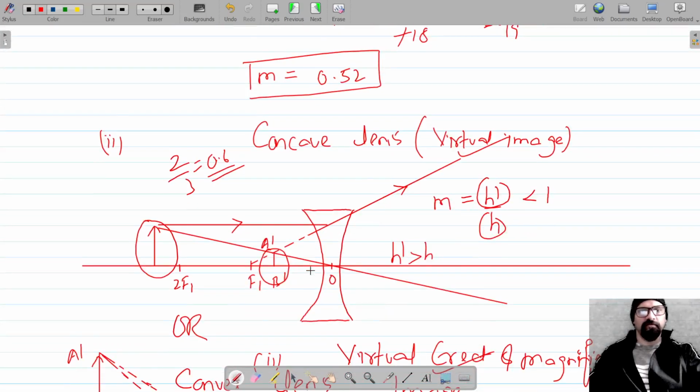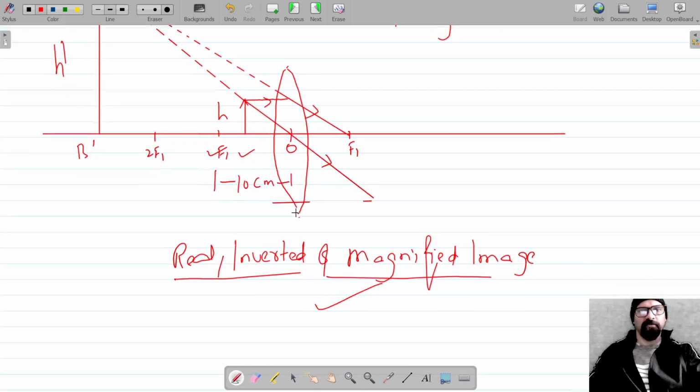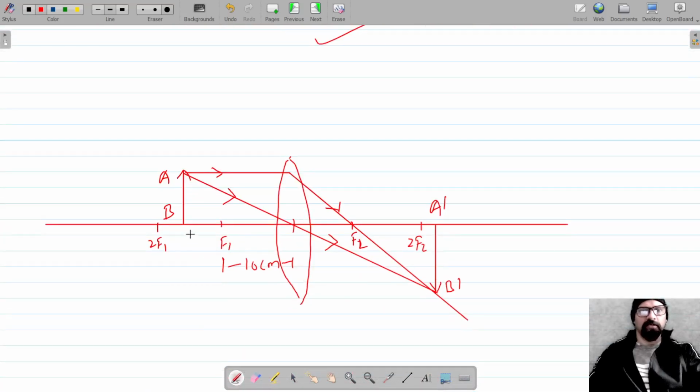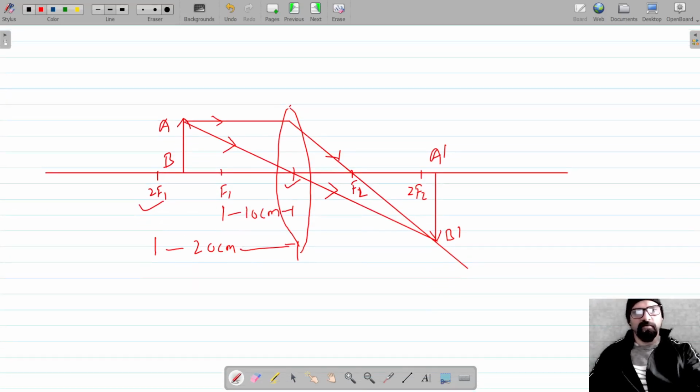In one case, the object is placed between the optical center and principal focus, that is within 10 centimeters from the convex lens. And this is 10 centimeters, so this distance is double, which is 2f, which is 20 centimeters. So the object should be placed between 10 centimeters and 20 centimeters. That's the range for the object.